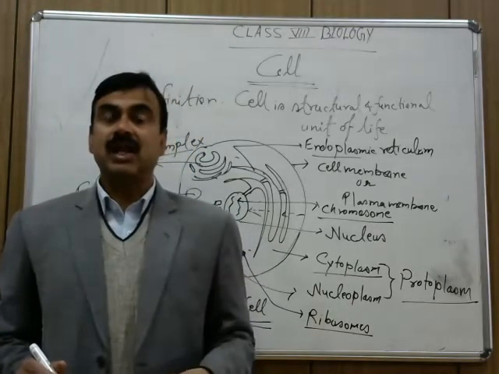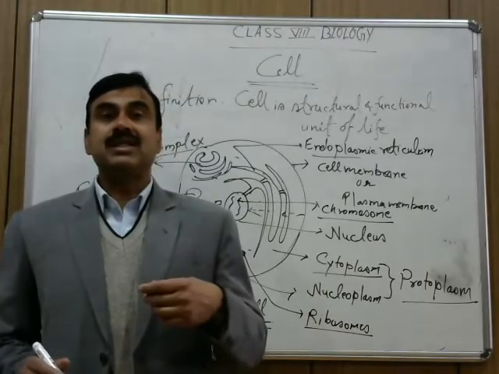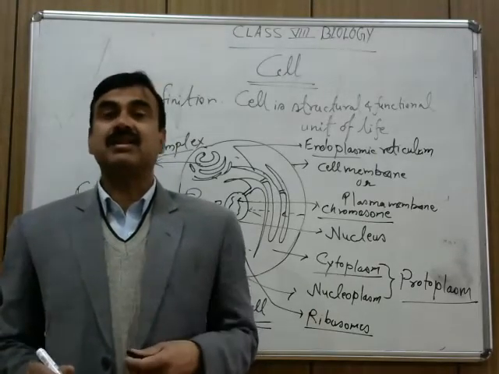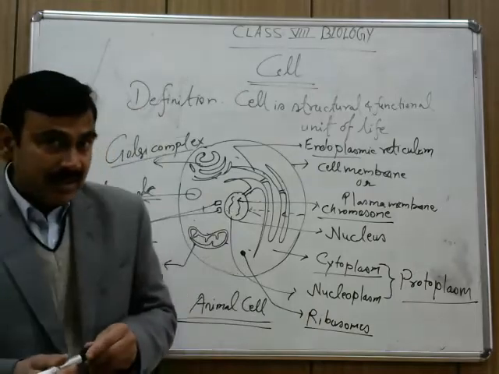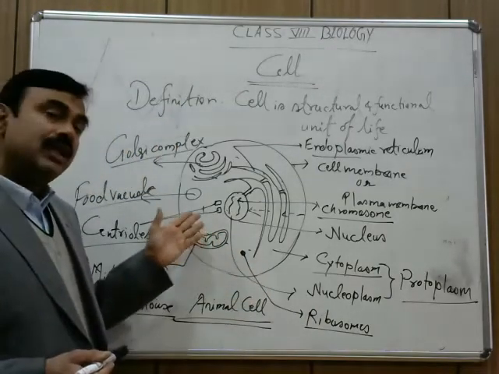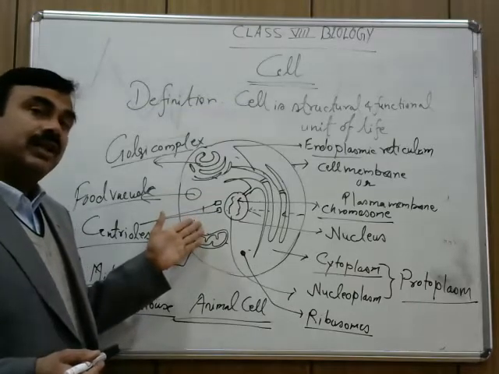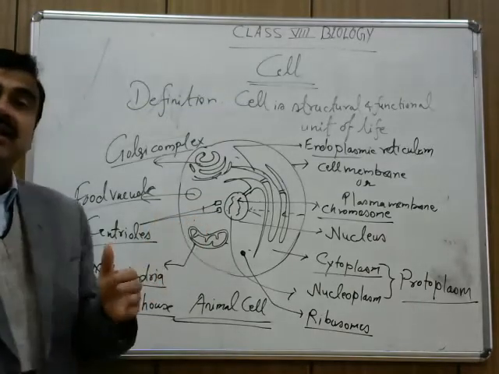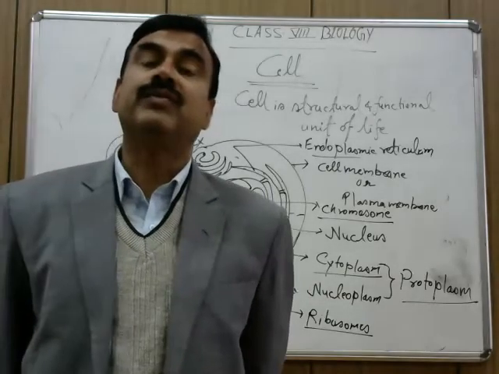the animal cell. As far as difference number 3 is concerned, the animal cell is rich in centrioles. The animal cell is full of centrioles, but plant cells don't have centrioles.